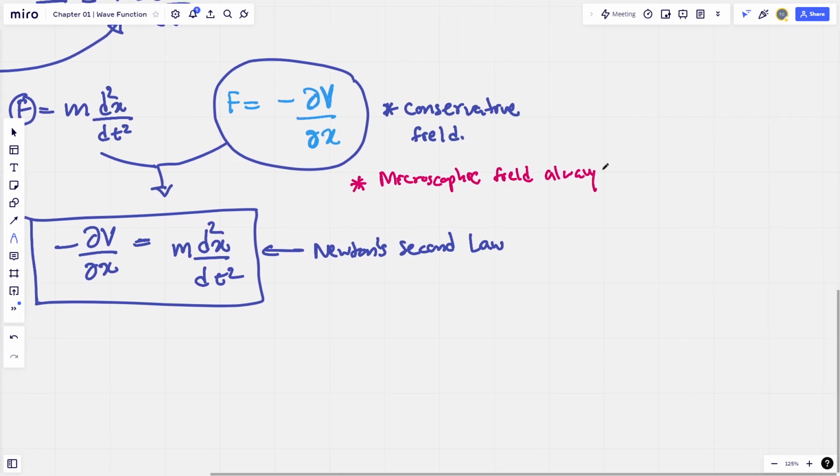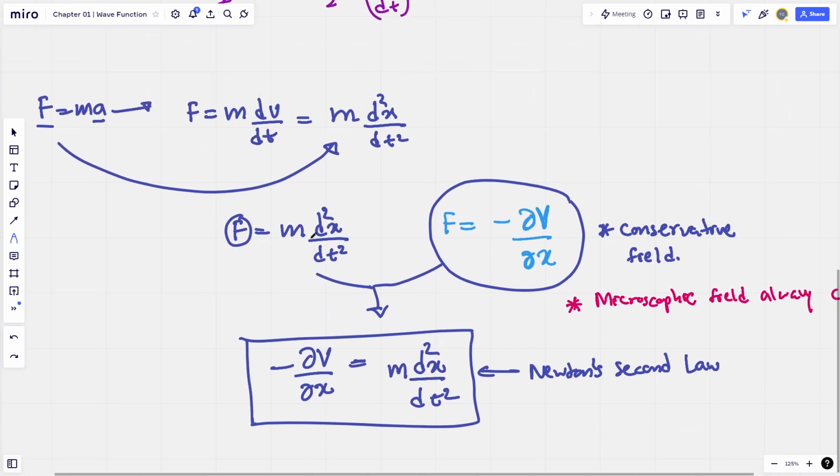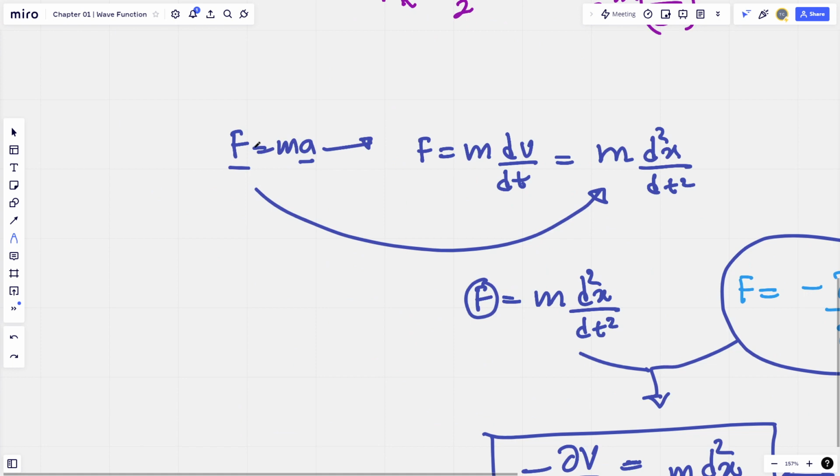It's very convenient for us for future things. There are explanations why this equation is true, but no one understood why when it was first introduced by Newton.